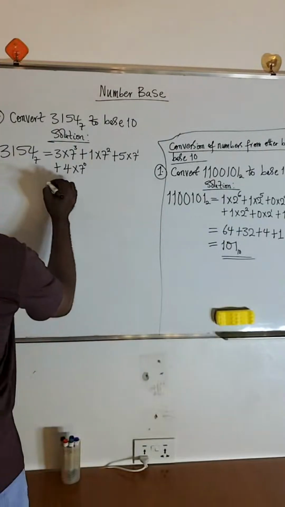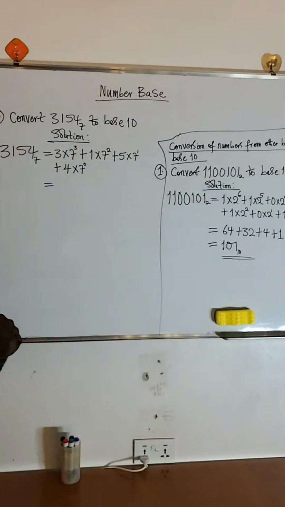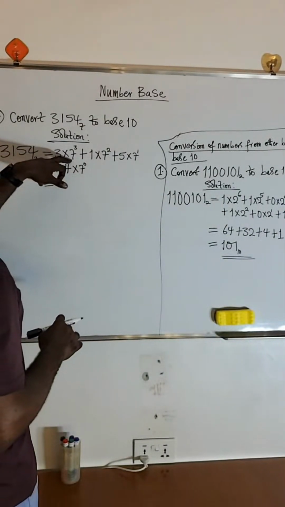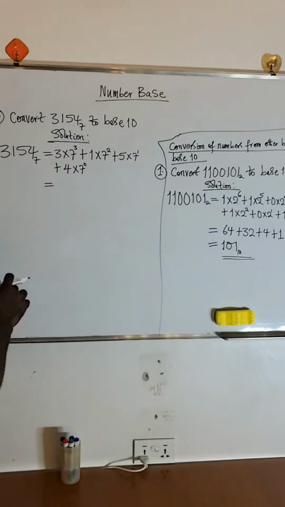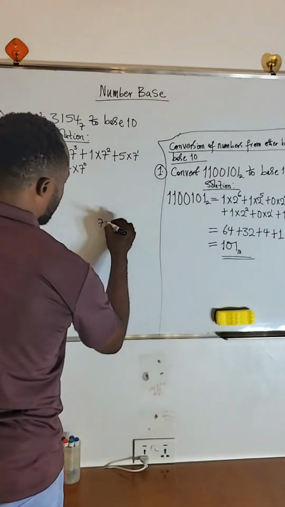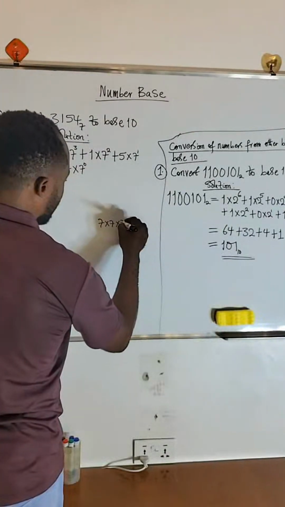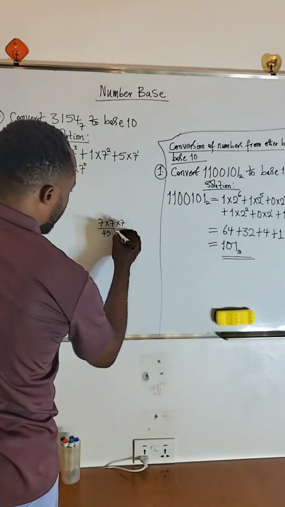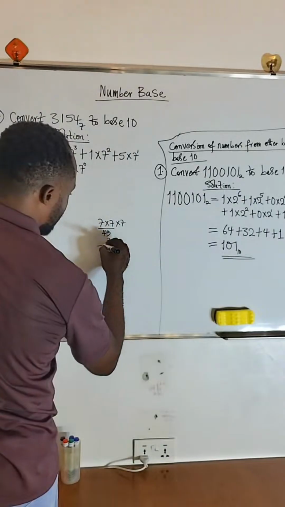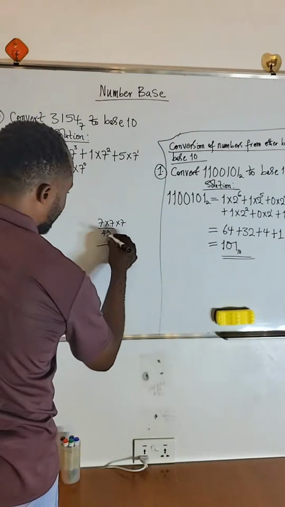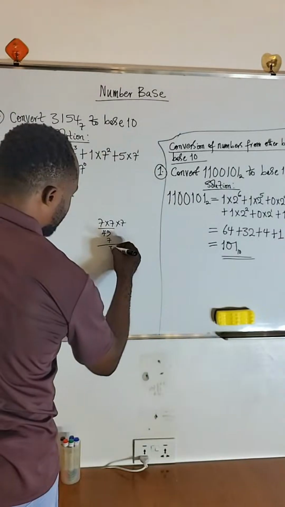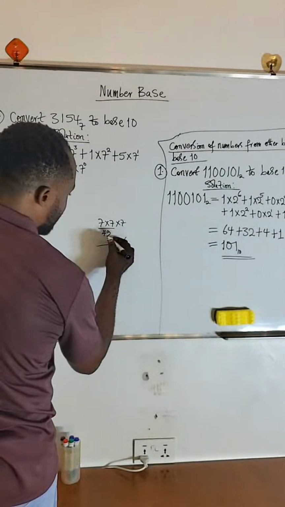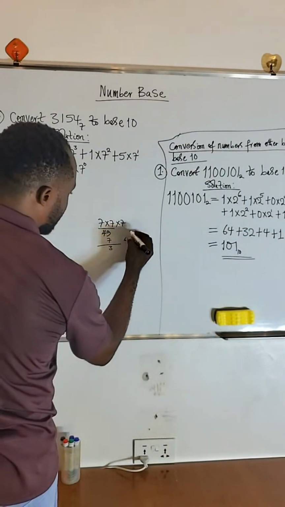Okay, so let's see that. First of all, we are going to find the value of 7 raised to the power of 3. Okay, this is 7 times 7 times 7. And here is 49. Here again, 7 times 9, 63. 7 times 4, 28.